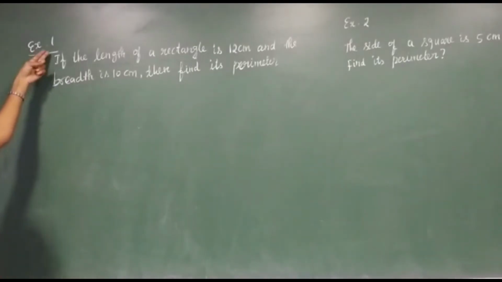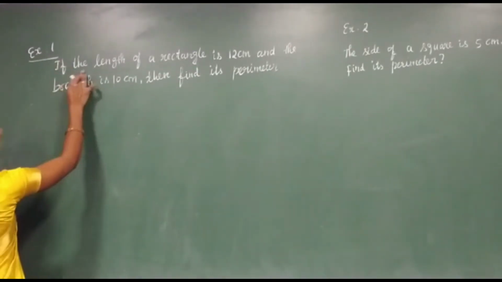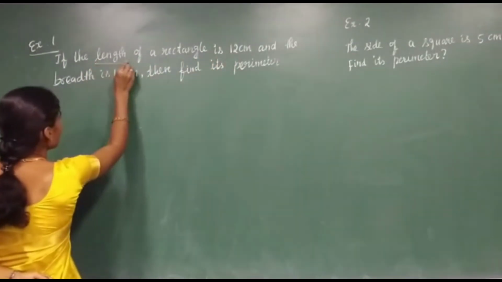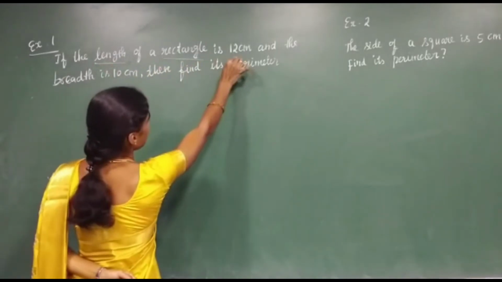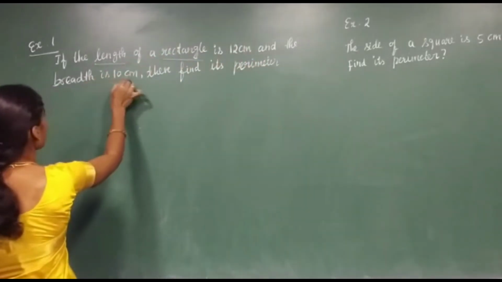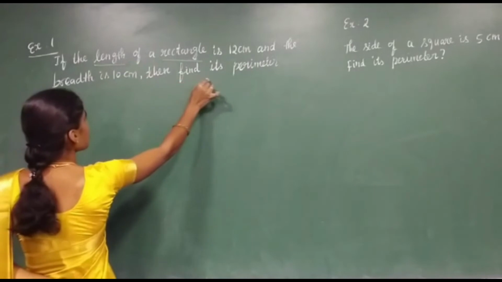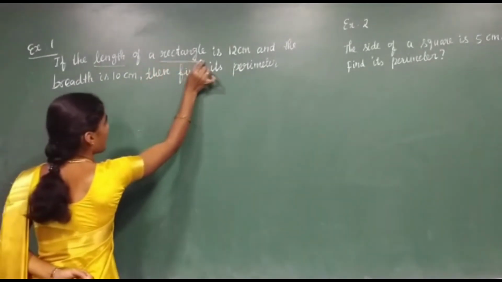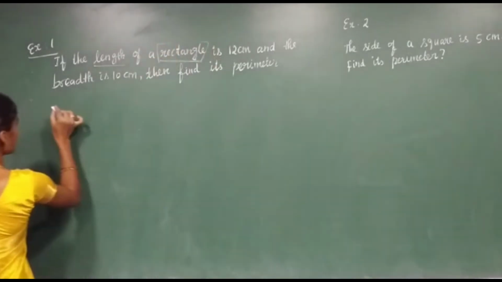See example 1. If the length of the rectangle is 12 centimeter and the breadth is 10 centimeter, then find its perimeter. We want to calculate the perimeter of the rectangle.